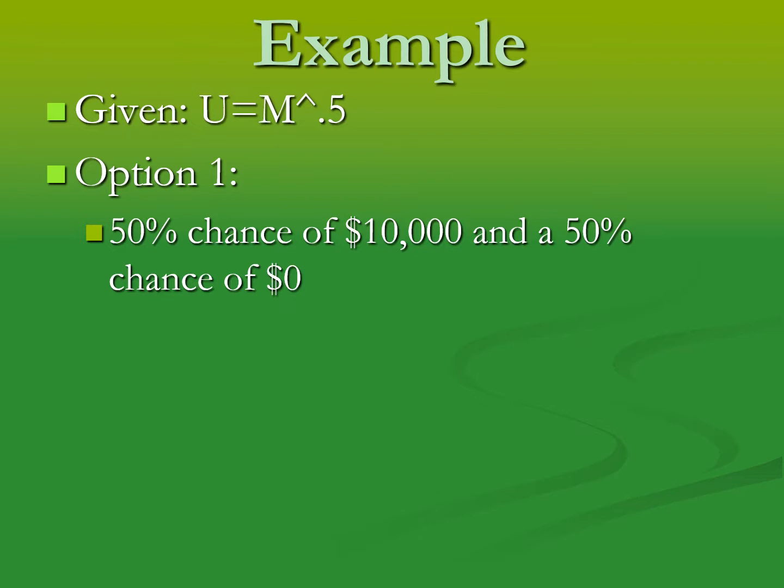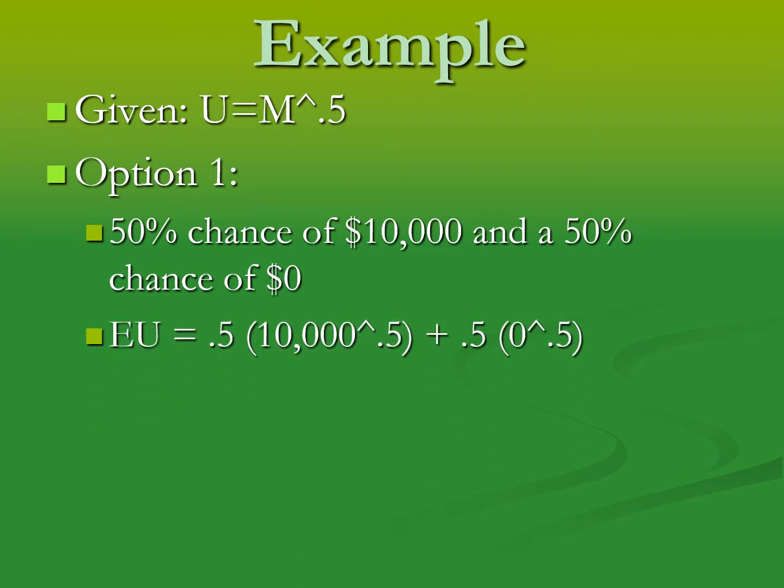So with option 1, we say, all right, we have a 50% chance at 10,000 and a 50% chance at 0. So we want to take the first payoff, the $10,000, and say, how much utility would that give us if it came up? We find the utility that we would get from having the $10,000.